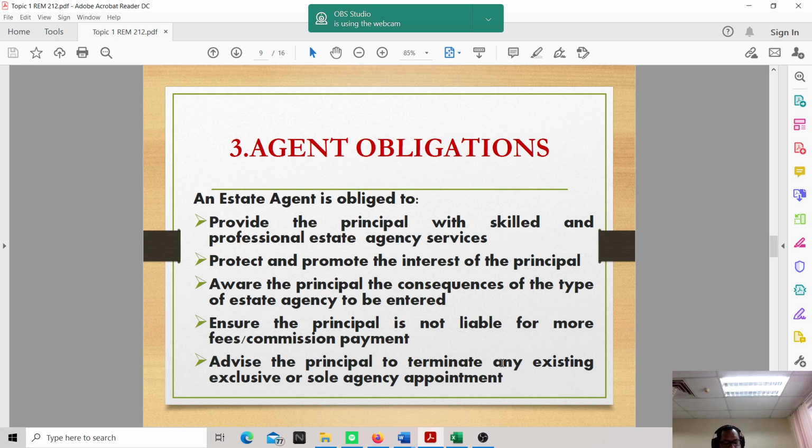And lastly is for you to advise the principal to terminate any existing exclusive or sole agency appointment. Okay. So you don't want to be overlapping with other estate agents.